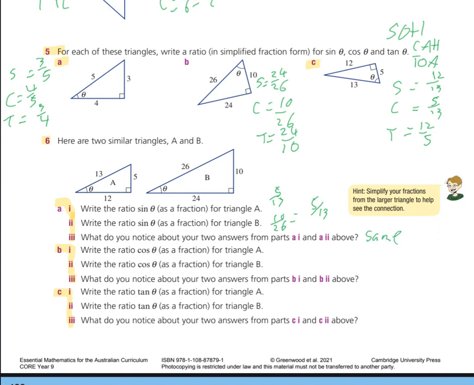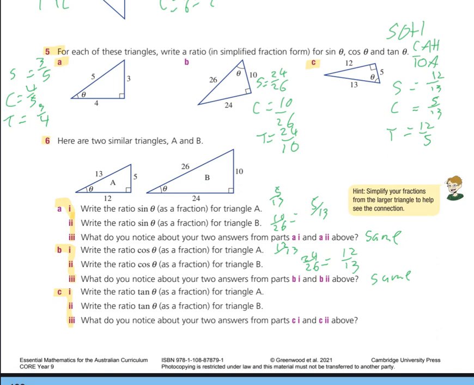Now the ratio of cos for both of them. Cos, again, is adjacent over hypotenuse, that's 12 over 13. The other one is going to be 24 over 26, which can simplify to 12 over 13. So they're the same. And then after that, the ratio tan for both of them.